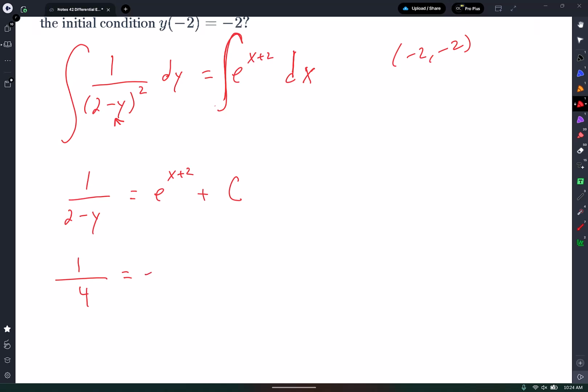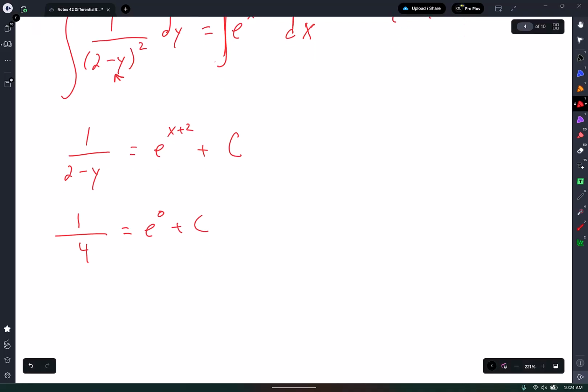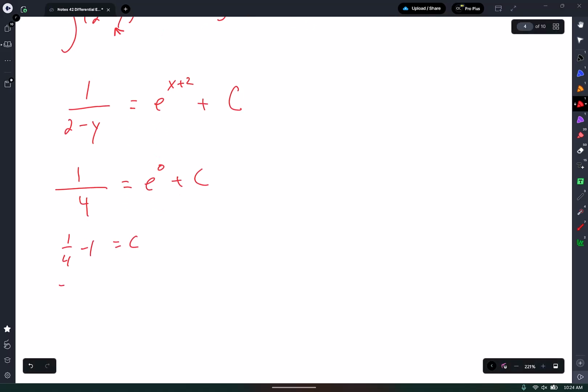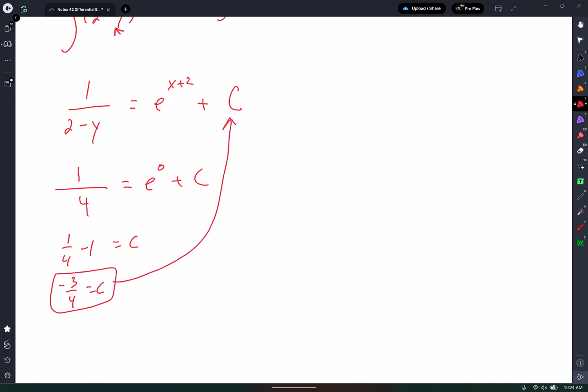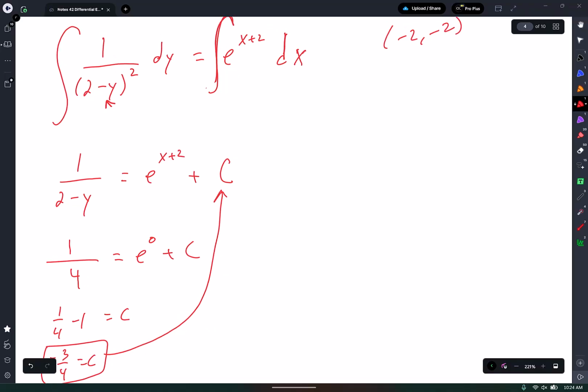Negative 2 plus 2 is 0. e to the 0 is 1. So 1/4 minus 1 equals c. So what is that? Negative 3/4. I'm going to plug that in right there. So here we go. 1 over 2 minus y equals e to the x plus 2 minus 3/4.